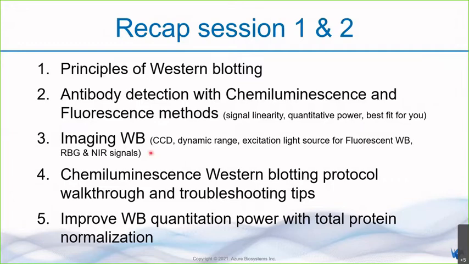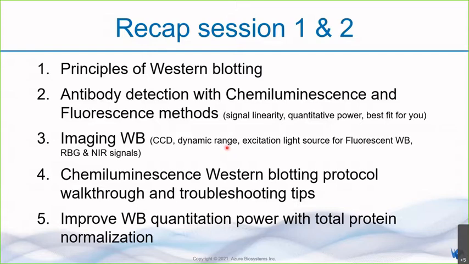Next, after we detect the antibody with either chemiluminescence or fluorescence detection, is the imaging part of the protocol. We have talked about the very commonly used detector, which is the CCD camera, and the dynamic range of different CCD chips. They do indeed have differences.